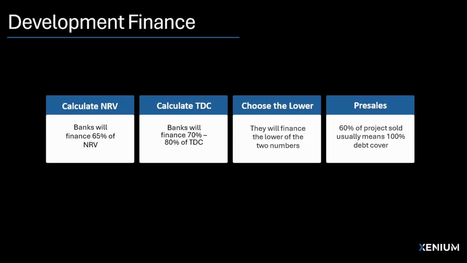And then there's two calculations to think about. How do you work this out? Okay, how much can you borrow? Well, you can borrow either, usually 65% of the net realizable value, or you can borrow up to 80% of the total development costs. So if you're on the phone to someone who's asking about a development, all you need to know is these numbers.